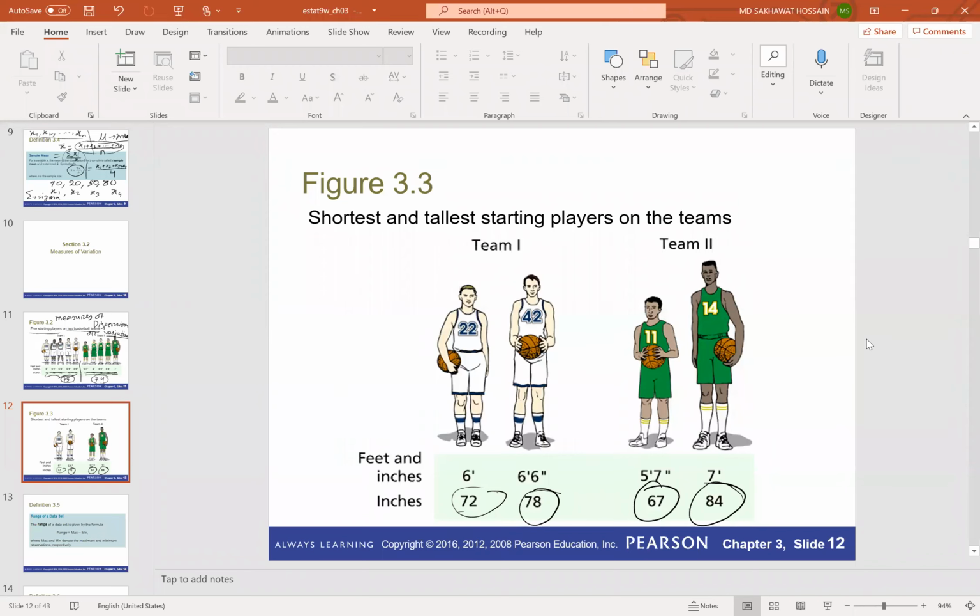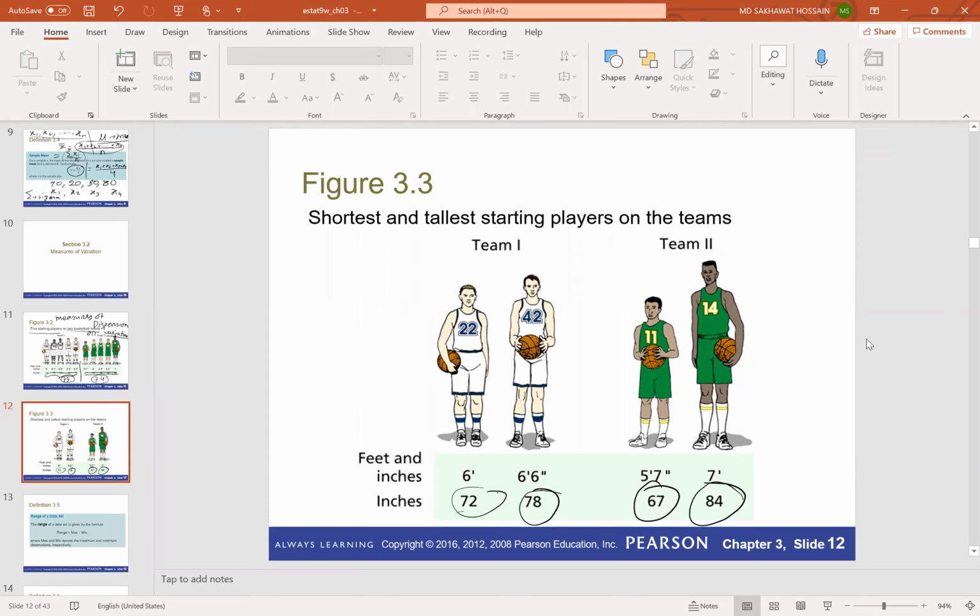You can find the range, the standard deviation, or the variance. To find the range, you need to know the smallest number and the largest number. The difference between the highest and the smallest number is called the range of the dataset, and you can use this to know the variation of the dataset.